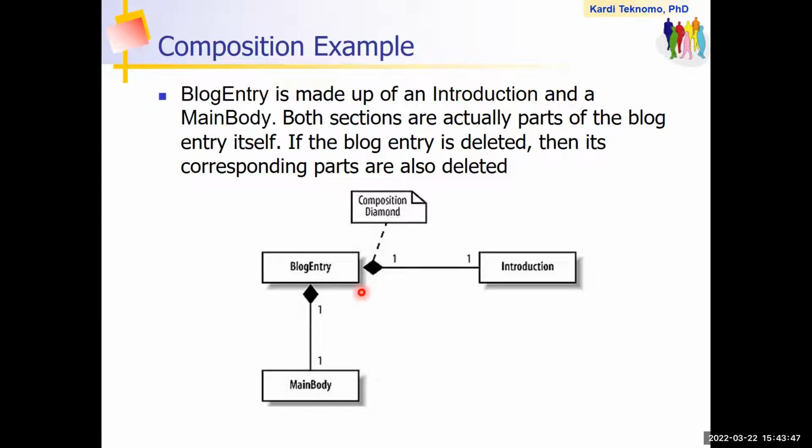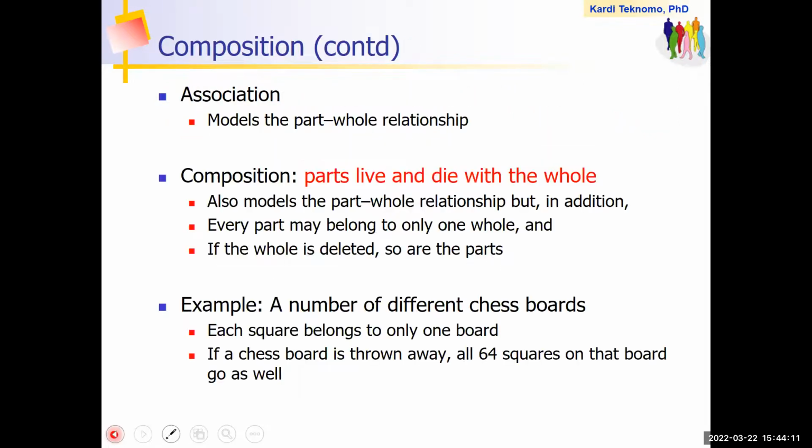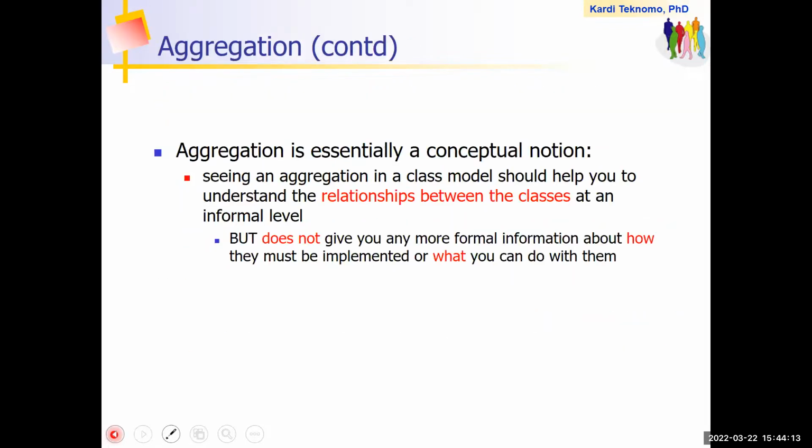Both sections are actually part of the blog entry itself, right? So if the blog entry is deleted, then the parts are also deleted. So composition is stronger. Both must exist together. Is this clear or not? Can you distinguish between composition and the earlier aggregation?